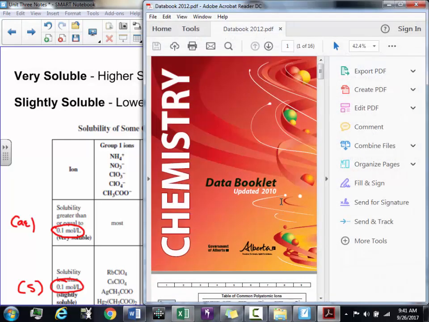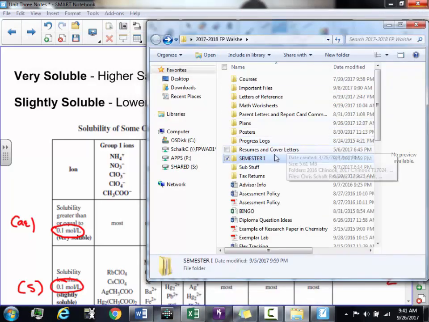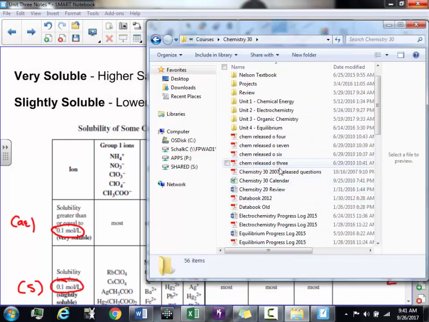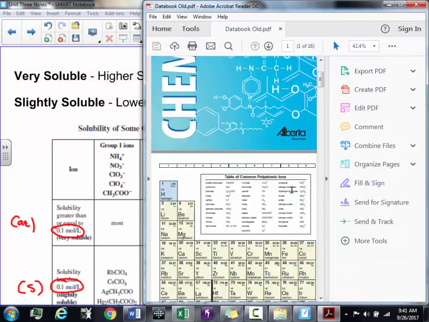Data booklet 2012? No, that's not the right one. I need the 2007 one. Data booklet. Old. There it is. Okay, here's the old data booklet.